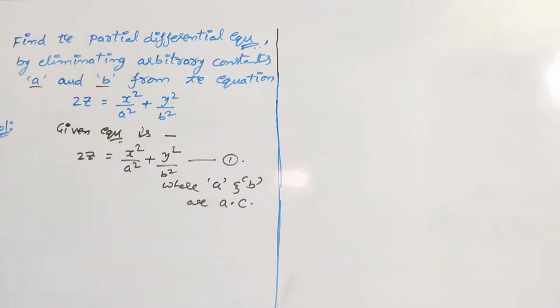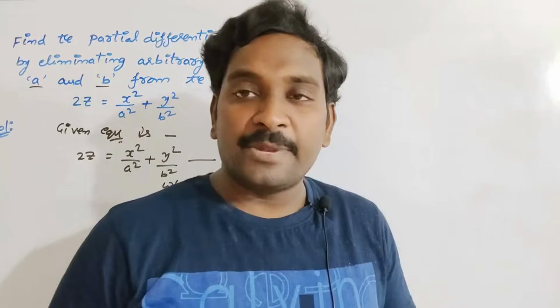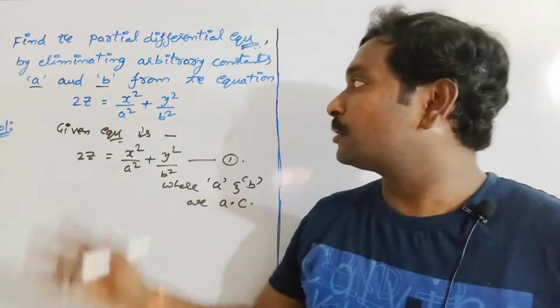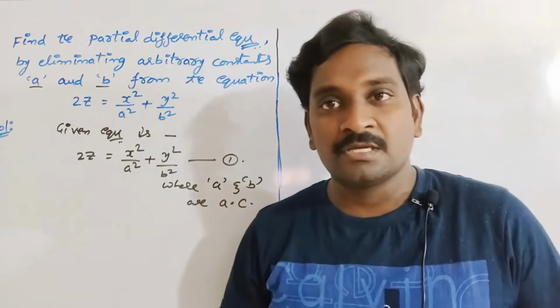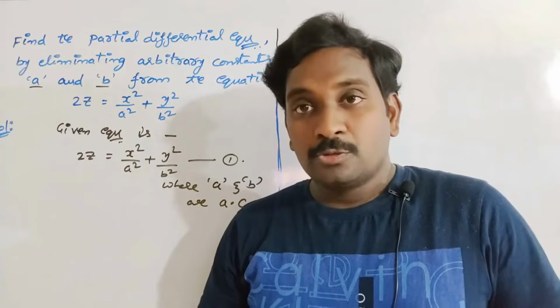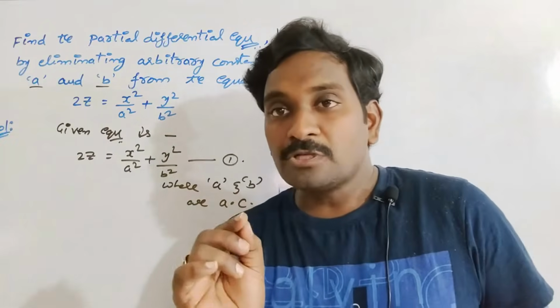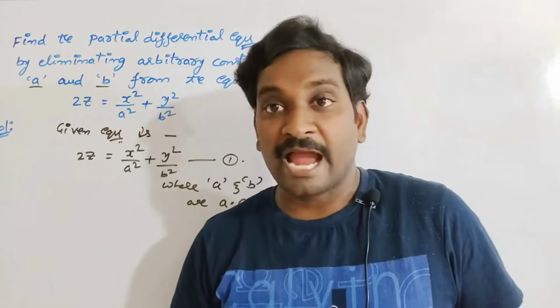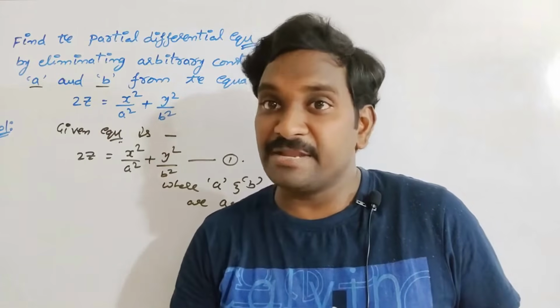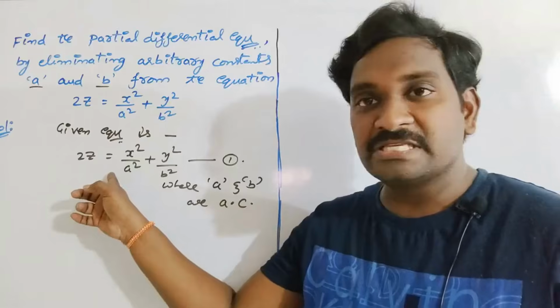Okay, so what is the rule to eliminate parameters a and b here to get the partial differential equation? First count the number of parameters and count the number of independent variables involved in this equation.